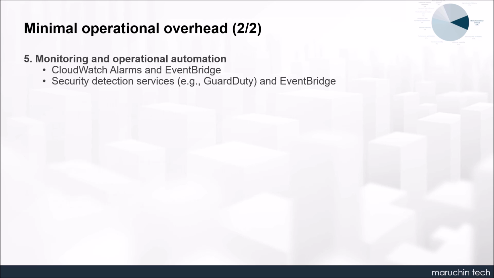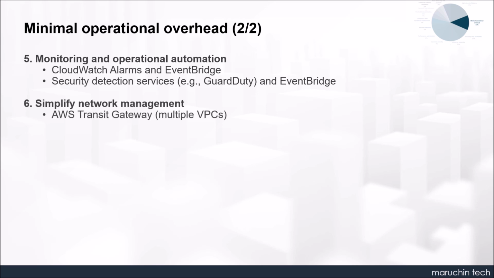You can automate operations by combining EventBridge with CloudWatch alarms and security detection services, which directly reduces the operational overhead. Additionally, if you have multiple VPCs, you can simplify network management by deploying the Transit Gateway.